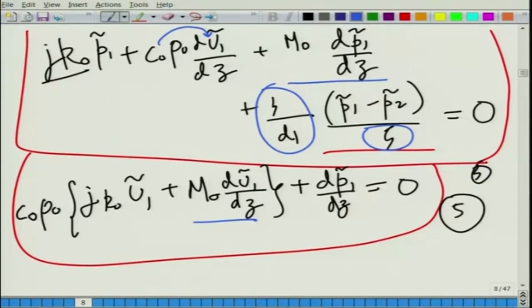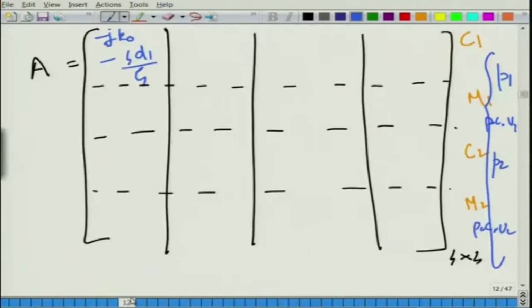Well, this term also will not have any contribution in the A matrix. This term will not have, this will come in the left hand side. I will get back to that. Other term that will probably have a contribution is plus, mind you, plus 4 divided by d1 zeta, because you have to take this on the other right hand side.